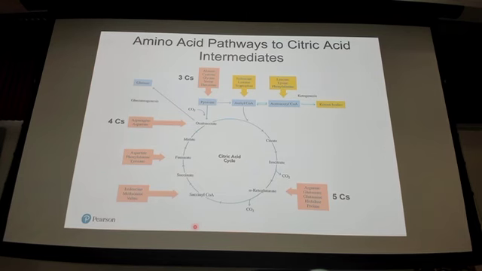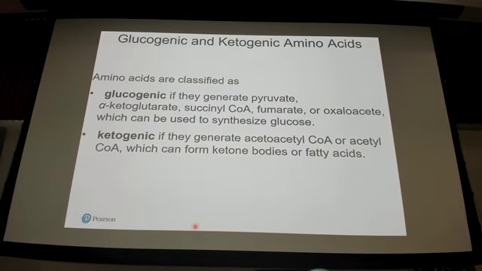And so these glucogenic carbon skeletons are said to be glucogenic if they produce pyruvate, alpha-ketoglutarate, succinyl-CoA, any of the substrates in glycolysis or the TCA cycle. The ketogenic skeletons from amino acids produce acetyl-CoA or ketone bodies. Any questions? All right, you guys take a 10-minute break.